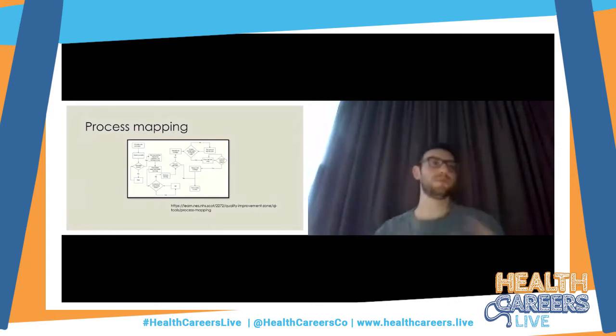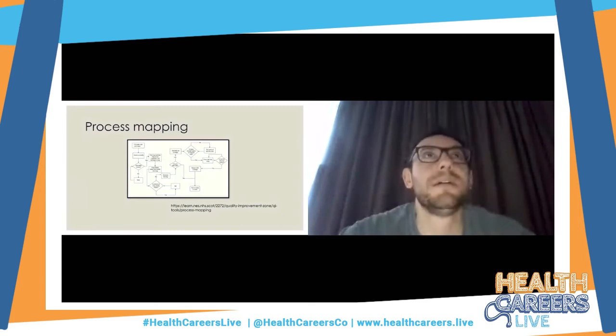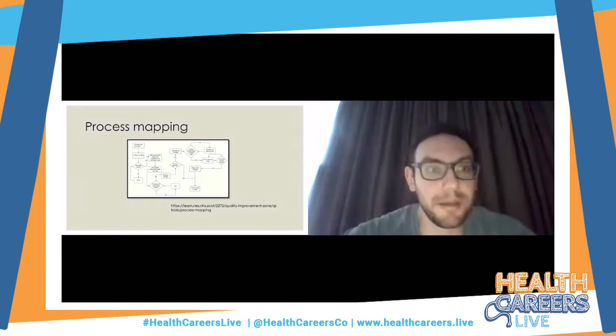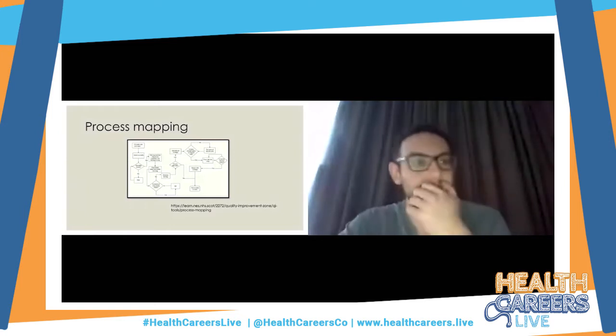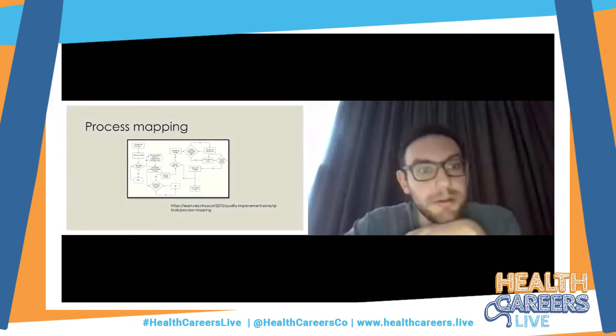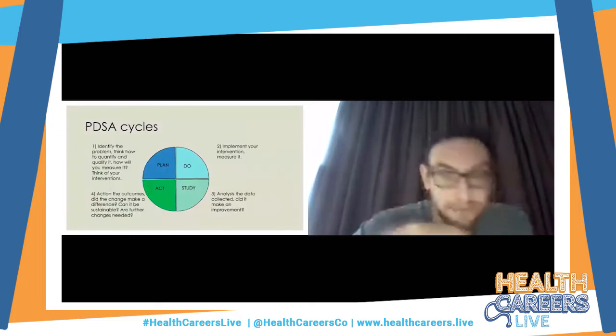So once you've thought about an idea, then you start thinking about PDSA cycles, and QIP projects are all about these. And what it stands for is plan, do, study, act. So you've identified your problem, and you're thinking about how you want to quantify and qualify it, and think about your interventions.